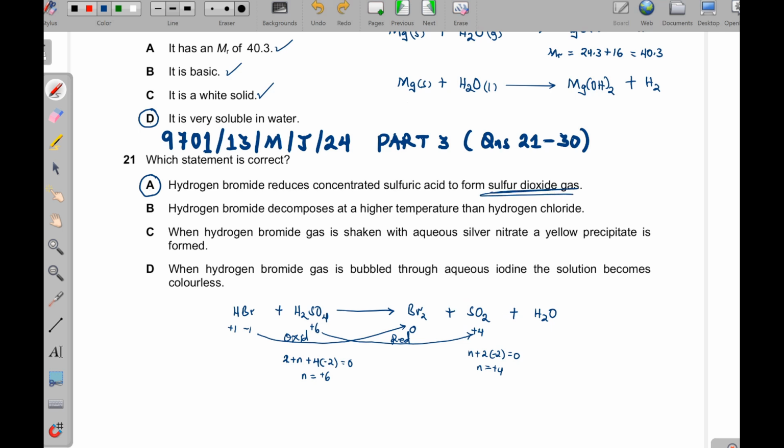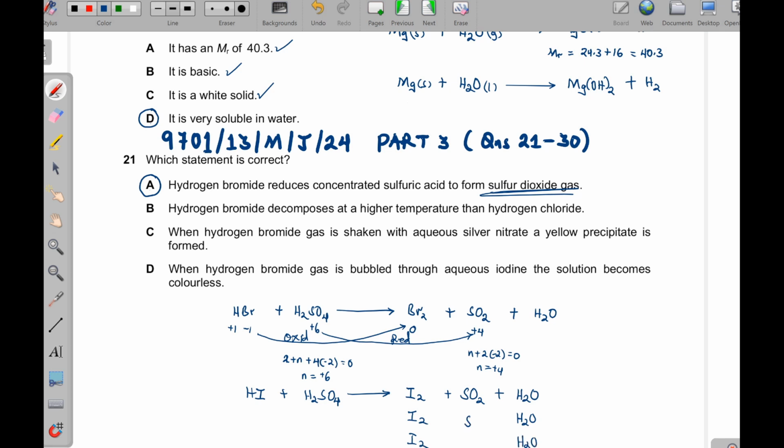Then for iodine, if we have, let's say, hydrogen iodide reacting with sulfuric acid, you also get iodine. Then you can get sulfur dioxide, and then you can get water. Another one is also iodine, then there is also water. Again iodine, and then there is also water.